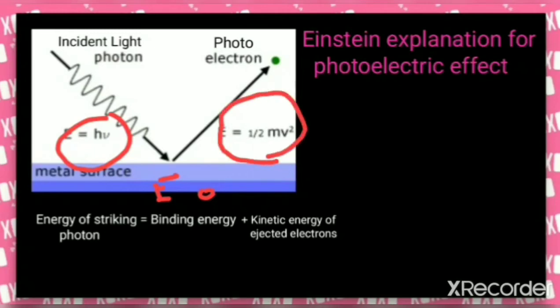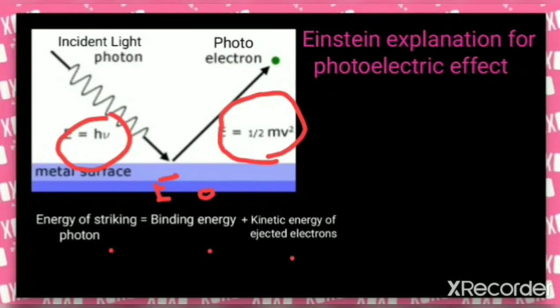This may be expressed as: the energy of the striking photon, that means the energy of the incident light, is equal to the binding energy, that means the amount of energy utilized to eject the electron, plus the kinetic energy of the ejected electron.